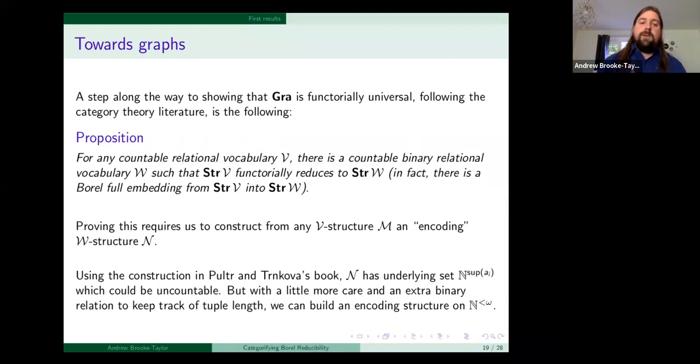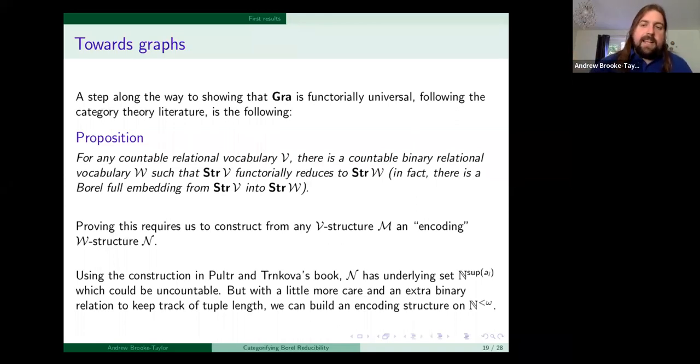We build on the construction in Poulter and Turnkover's book, but in their construction, the W structure N that they build has an underlying set of tuples from the naturals where they give once and for all, they say, take the supremum of the tuple lengths and then take tuples of that length from the naturals.